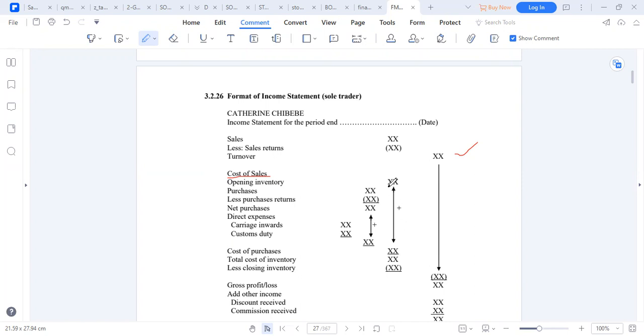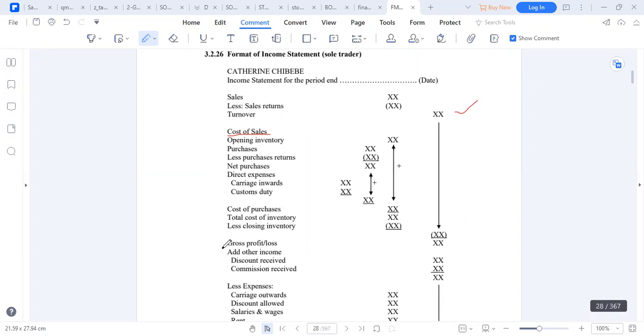The total purchases, we add them to the opening stock, and we call this the cost of inventory. From the cost of inventory, or the cost of stock, we subtract the closing stock, and this is what we call the cost of sales. So when we subtract the cost of sales from our sales turnover, we get the gross profit.